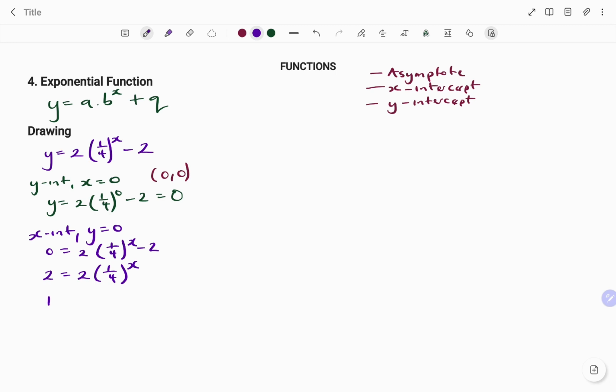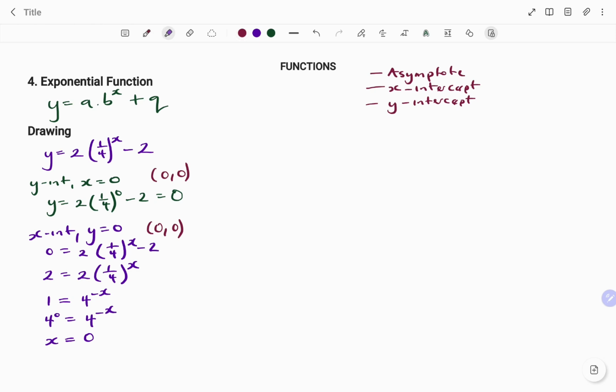Dividing both sides by 2, I get 1 equals (1/4) to the power of x, then I'm going to apply the exponential law. That will be 4 to the negative x. So I have 4 to the 0, that's 1, equals 4 to the negative x, and because the bases are the same, x is going to be equal to 0. So I have my x and y intercept having the same coordinates, 0, 0.